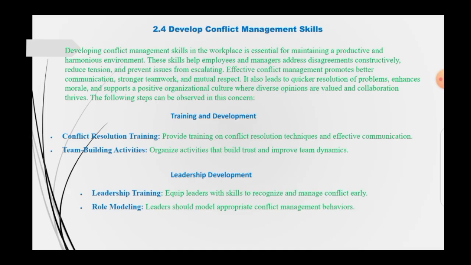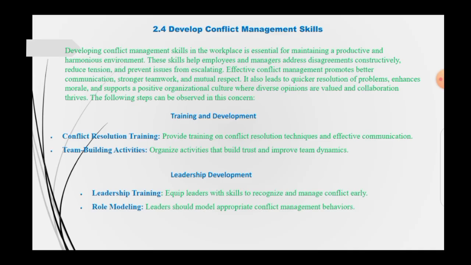First, conflict resolution training. This involves teaching employees techniques to handle disagreements calmly and communicate effectively, helping to resolve conflicts before they escalate. Second, team building activities. These are planned exercises or events designed to strengthen trust, improve collaboration, and enhance the overall dynamics within a team.